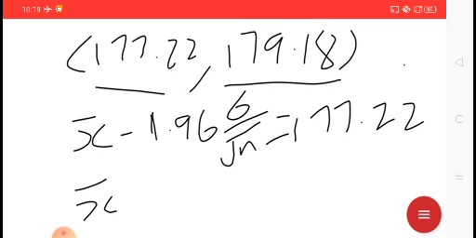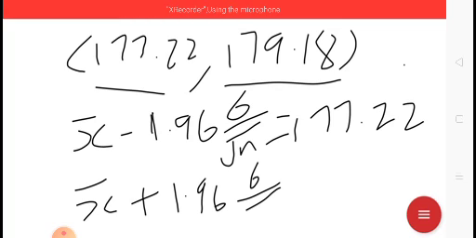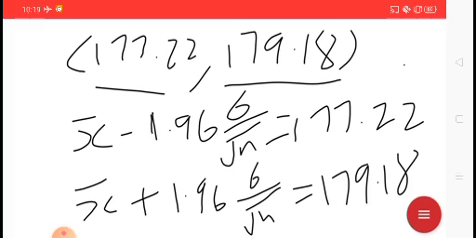The other side will be the plus part, equal to 179.18. So you have two equations and two unknowns, and you are able to solve it. The n is equal to 100, so square root n will be equal to 10. So you will solve this simultaneous equation.